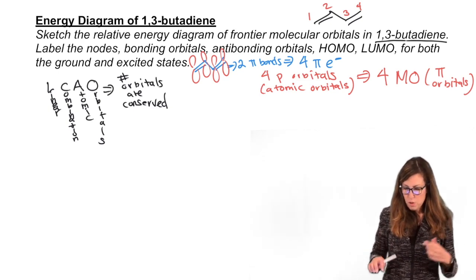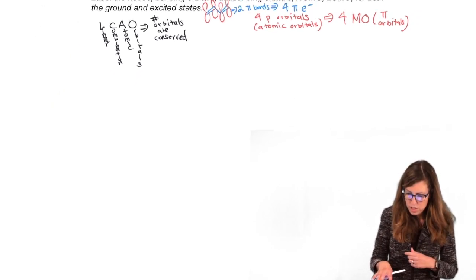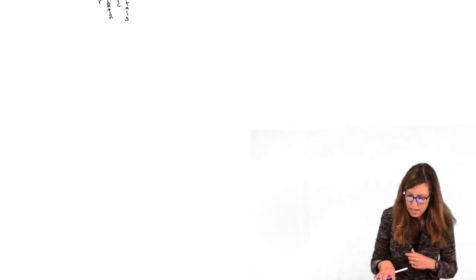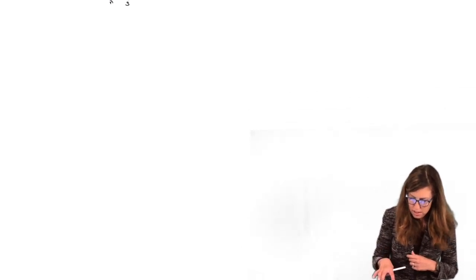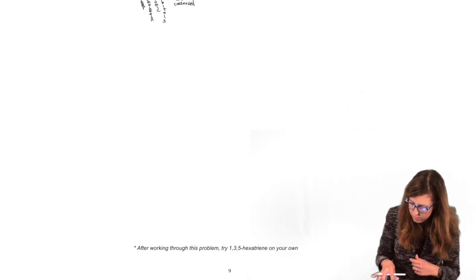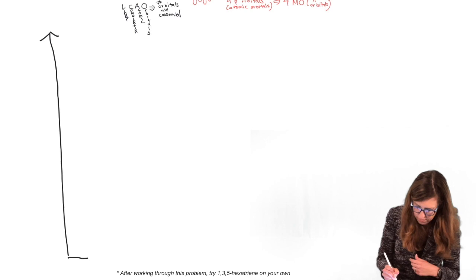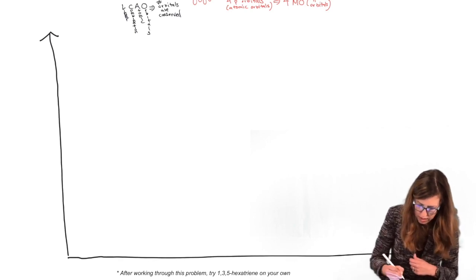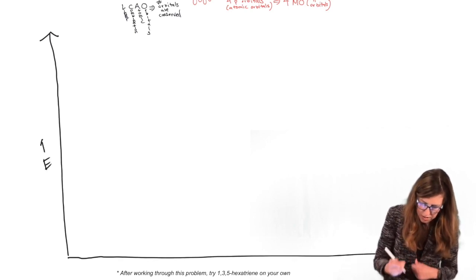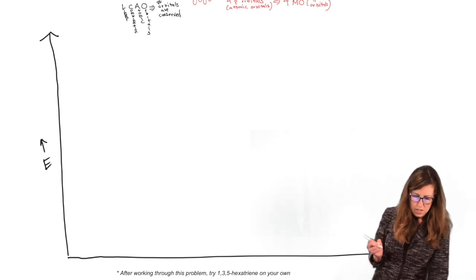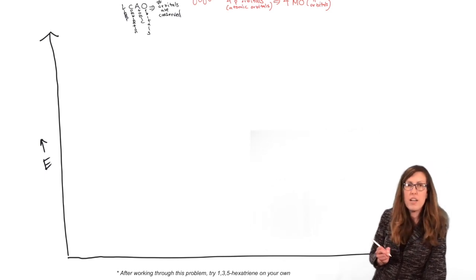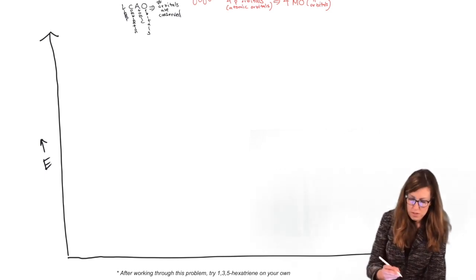How do we know what those 4 possibilities are? This is the fun part. We're going to draw the energy diagram, and we will see the 4 possibilities appear before us as we do that. So I'm going to take up this whole space here and give myself lots of room. Okay, so this is increasing energy. And we are going to draw in the pictures of the p orbitals.